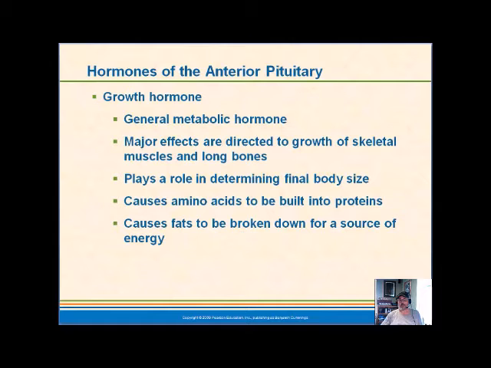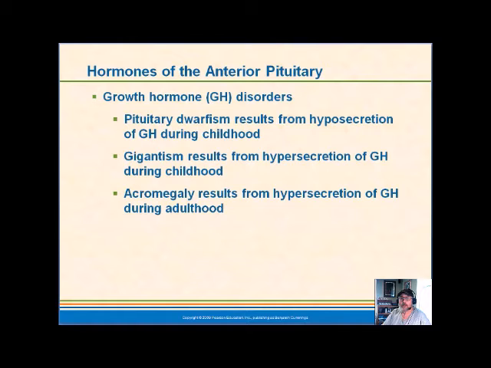It causes fat to be broken down for a source of energy. So a lot of this gets released during puberty. And you may have known a child who was relatively pudgy before puberty that suddenly bursts in growth, loses a lot of weight during puberty. So this burns up a lot of your body fat.